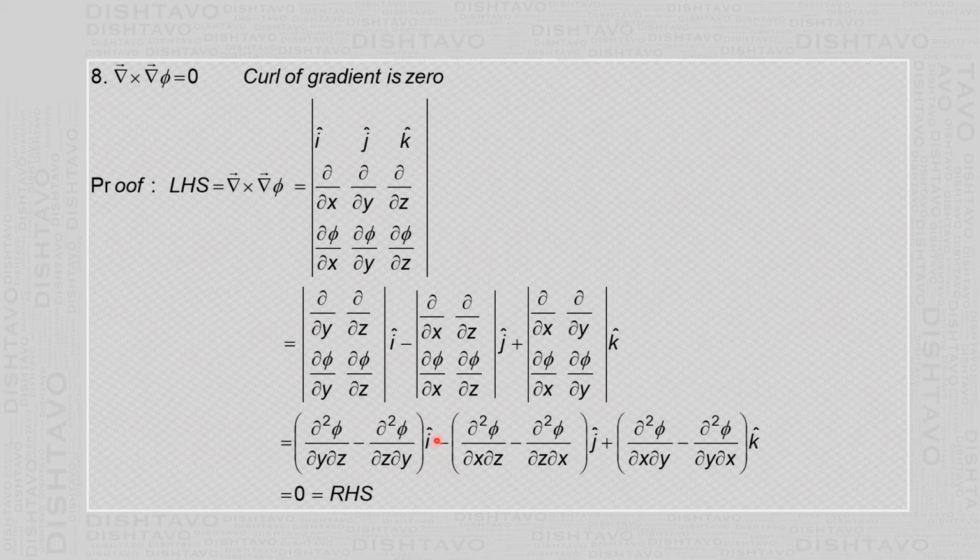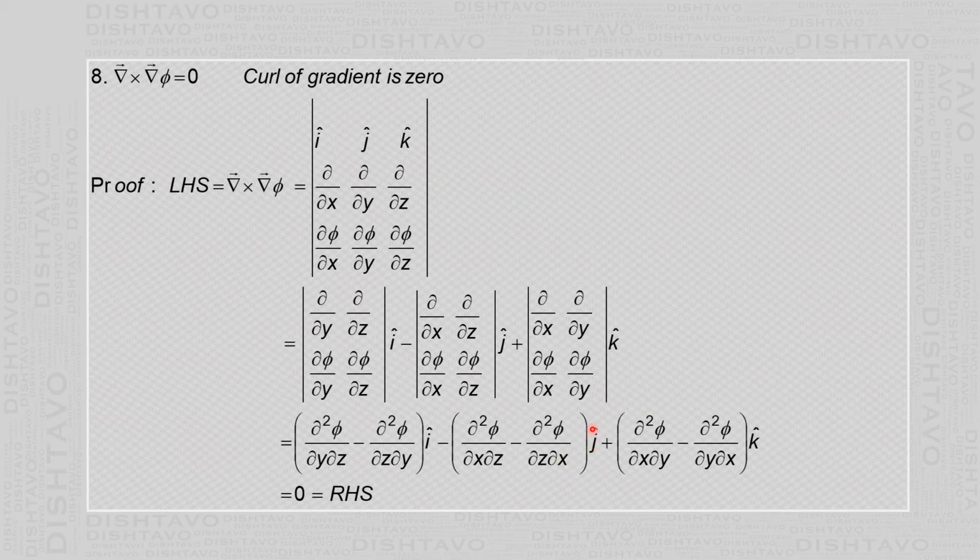Similarly, the second term determinant can be evaluated. Find this product ∂/∂x of ∂φ/∂z, which is ∂²φ/∂x∂z, minus this into this, that is ∂/∂z of ∂φ/∂x, which is ∂²φ/∂z∂x, multiplied by j cap.